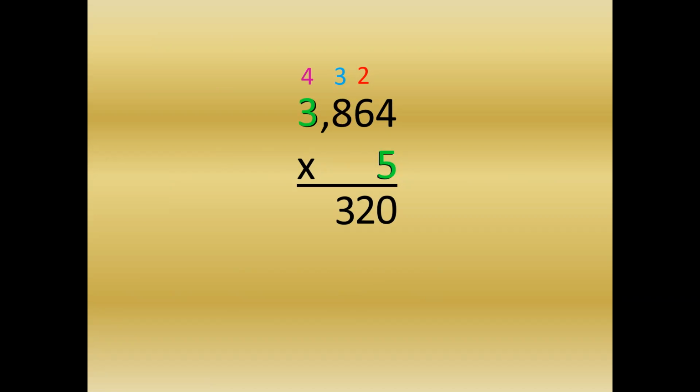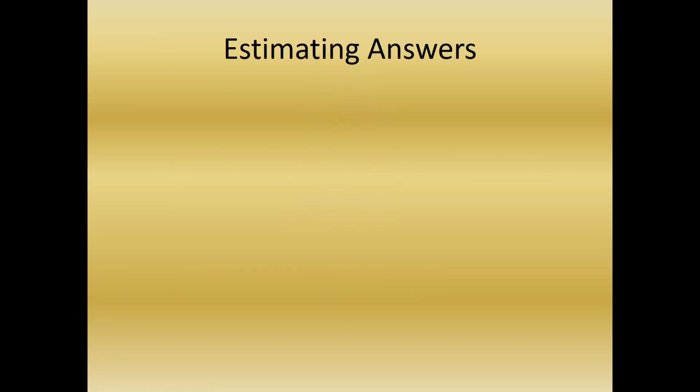So 3 times 5 is 15, plus the 4, which is above the 3, is 19. So 19 is going to go below the 3 in the thousands and 10,000s digit. So that means our answer to 3,864 times 5 is 19,320.